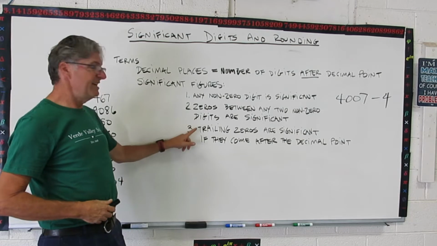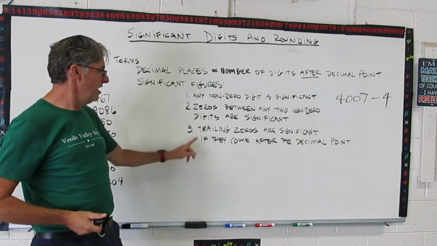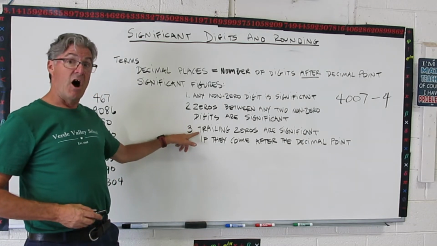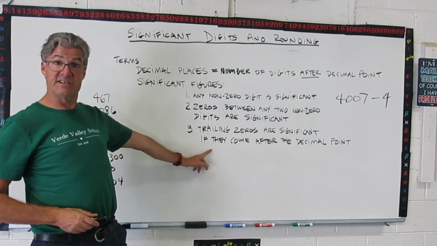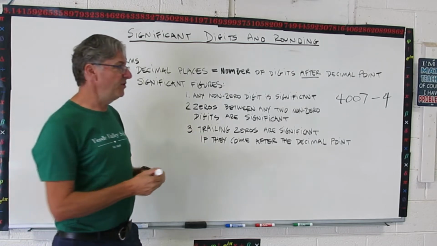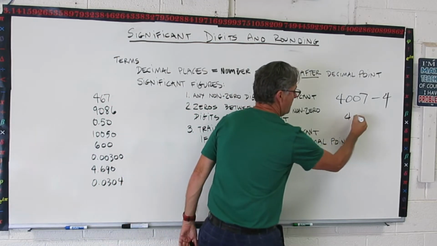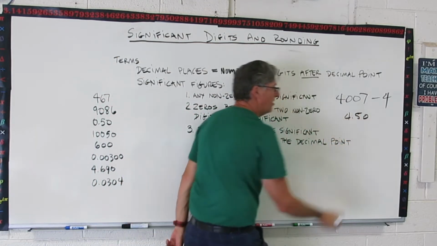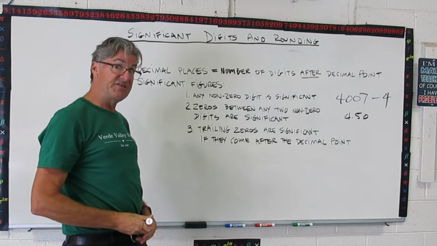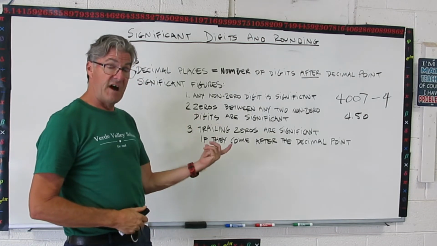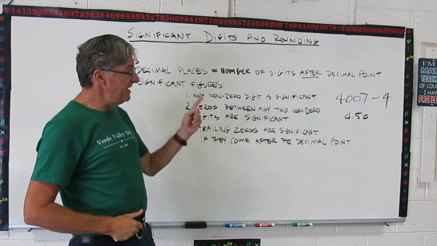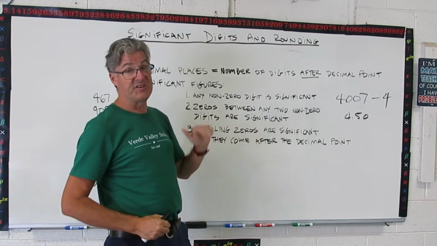Now the next one is a little different, and it's also tricky. Trailing zeros are significant if they come after the decimal point. So for example, if I do 4.50, that has 3 significant digits because I've got a 4.5, so the 4 and 5 are non-zero digits, and then the 0 is coming after the decimal.